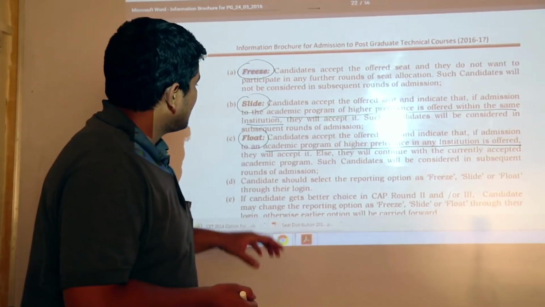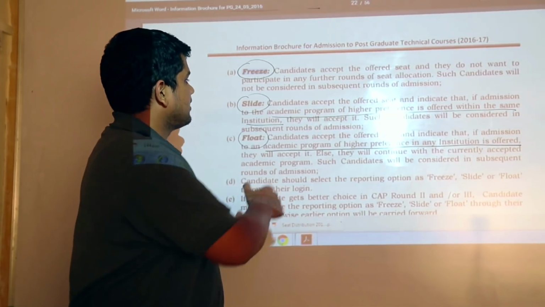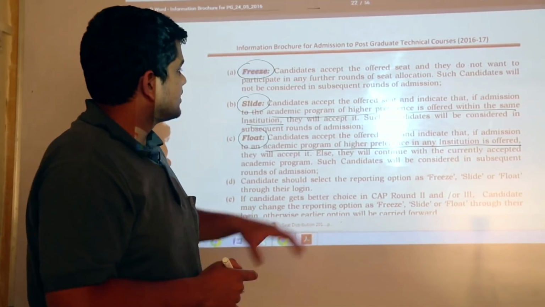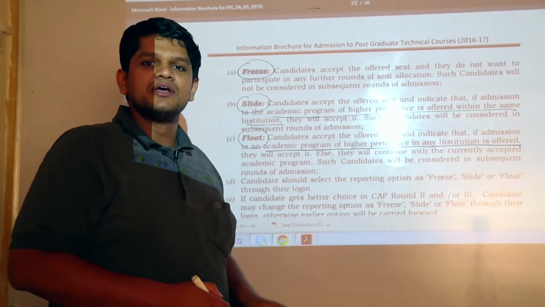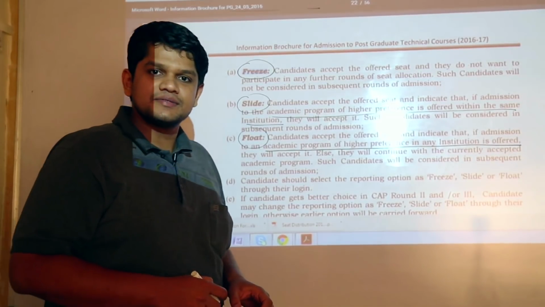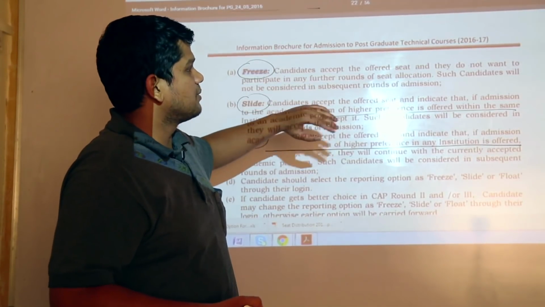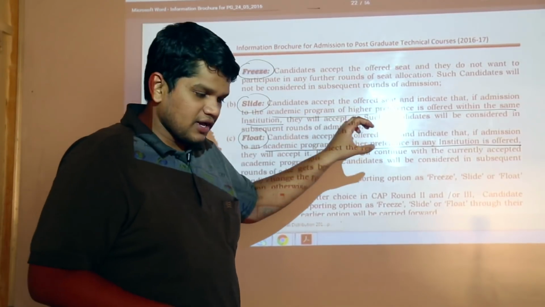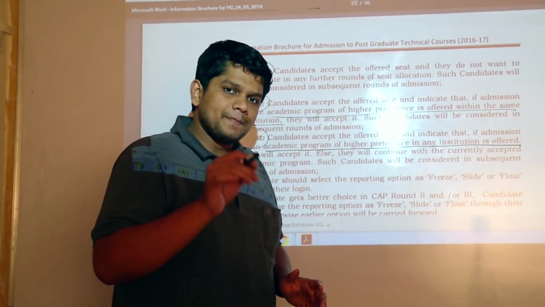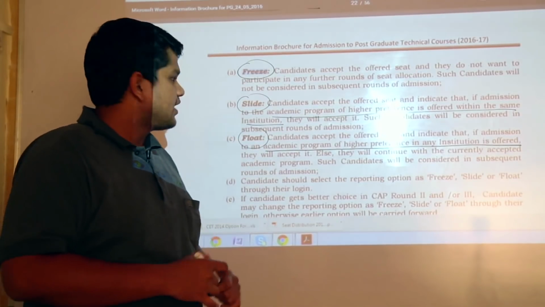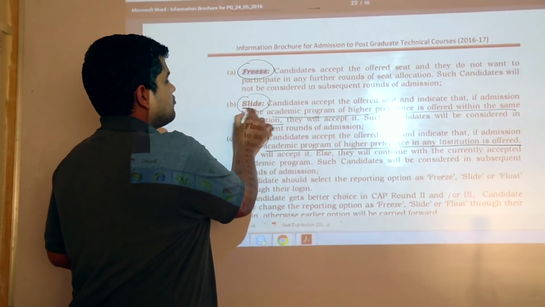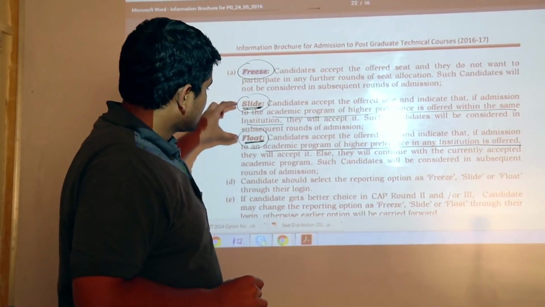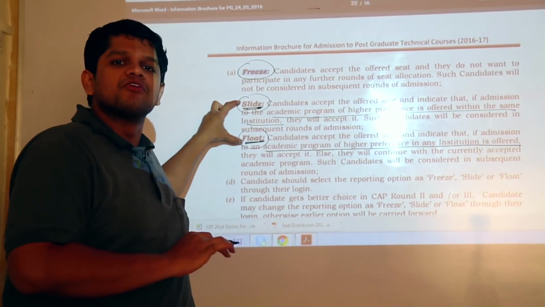Now what exactly would be the thing here? When you go for the option selection at the admission confirmation centers, after you get the allotment of the seat, and you go to the ARCs for confirming your seats, at that point you can get this clarified from those people, because we tried contacting the DTE to put more light on slide and float.